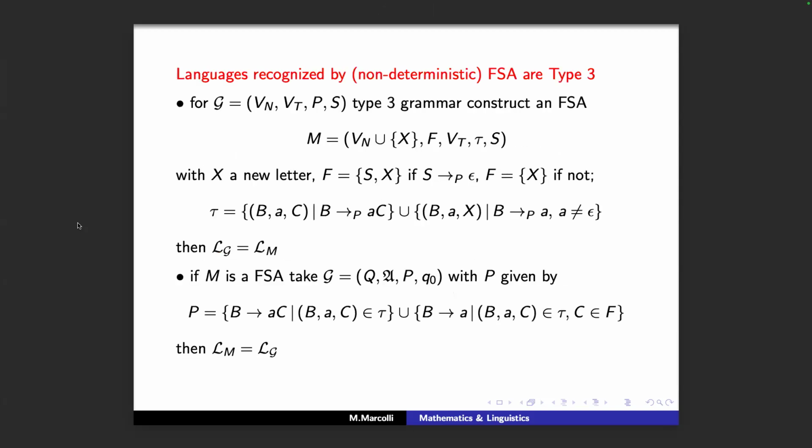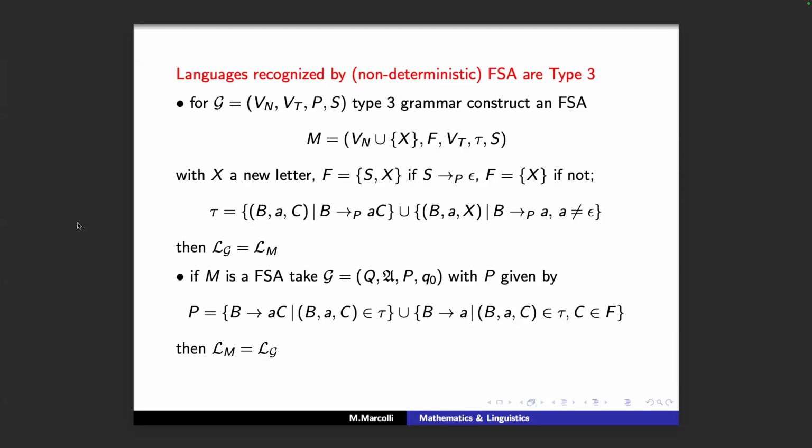So the languages that are recognized by a finite state automaton, no matter if you want it to just be deterministic or you allow also for the non-deterministic one, are of this type 3 form. And I already told you why, in the sense that if you have a type 3 grammar, the production rules are always of this form, or map into a terminal.